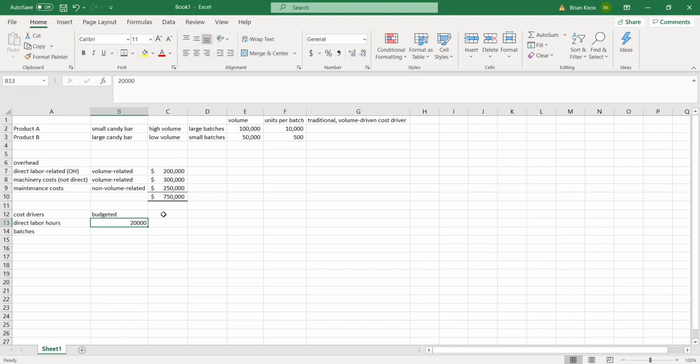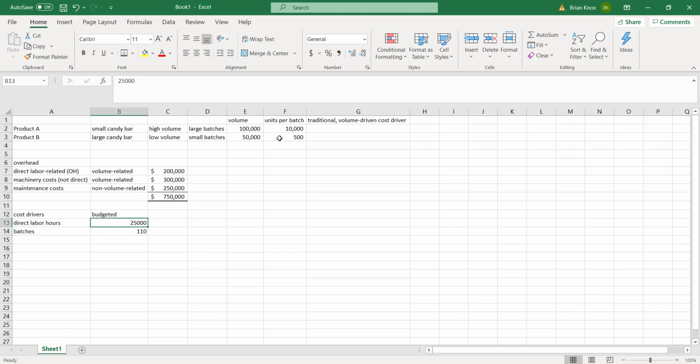Now we'll make it 25,000, make it a little nicer. And then batches, I've already established a relationship here. So we're going to have this volume divided by this units per batch plus this volume divided by this units per batch. And that should be how many batches we're producing. So we're budgeting 110 batches, let's say.